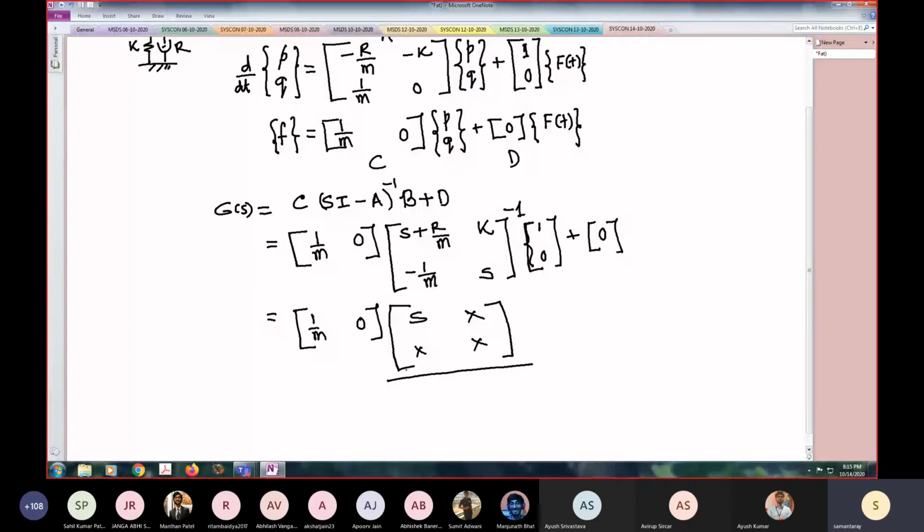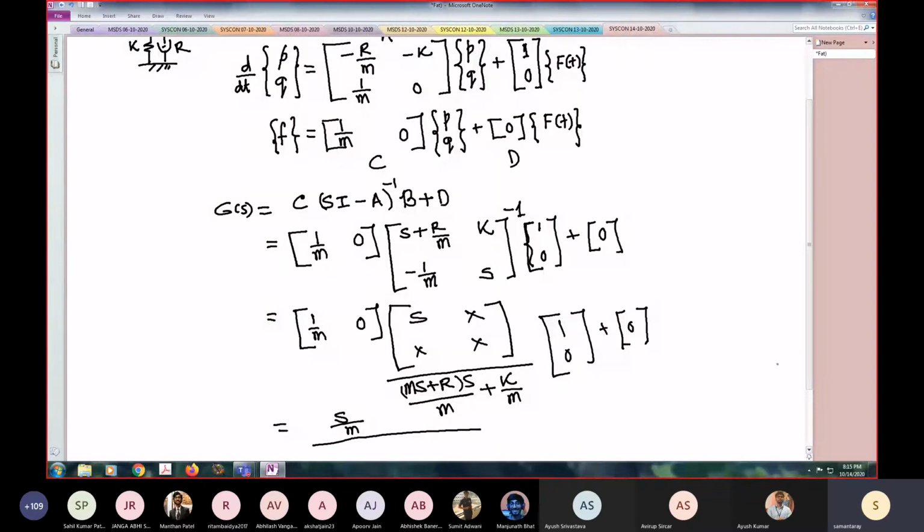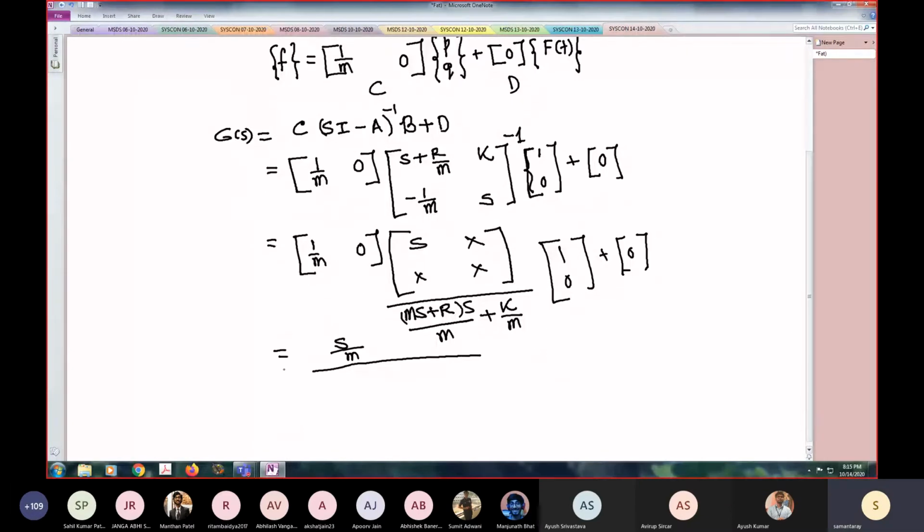The determinant is s times (s plus r by m) plus k by m, that is (ms square plus rs plus k) divided by m. Then multiplying by 1, 0, this turns out to be 1 by m times s, divided by this whole thing, and m cancels, giving s by ms square plus rs plus k. That's perfectly fine: we got what we expected.